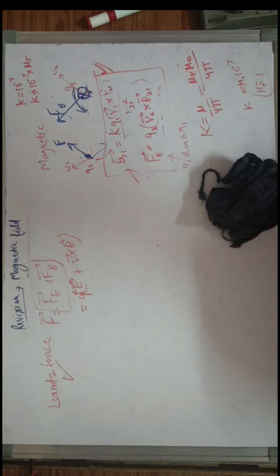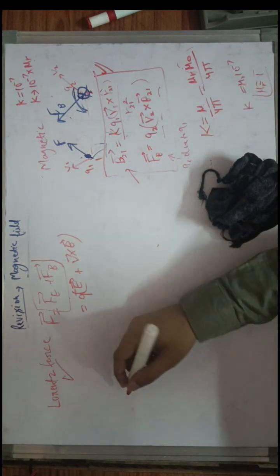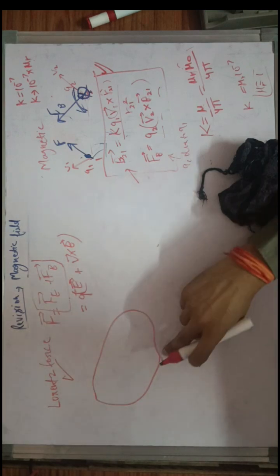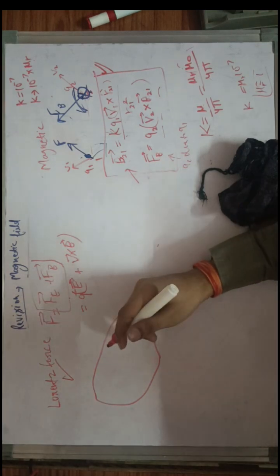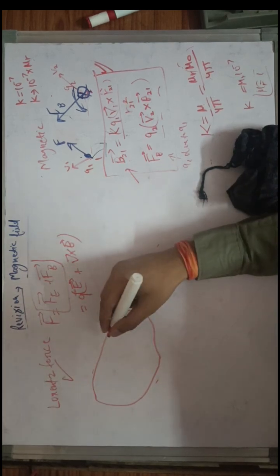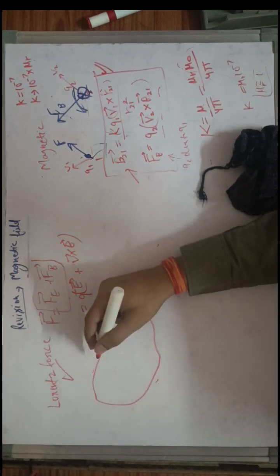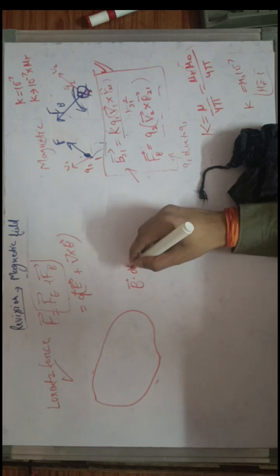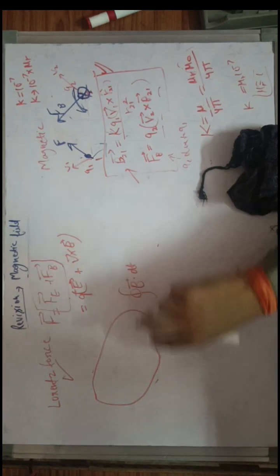Let's say there is a loop here, of any shape, and this is a line element, and let's say I am taking the integration of B dot dl over this whole closed loop.